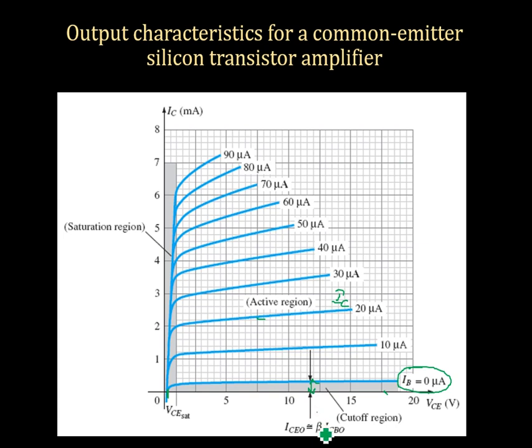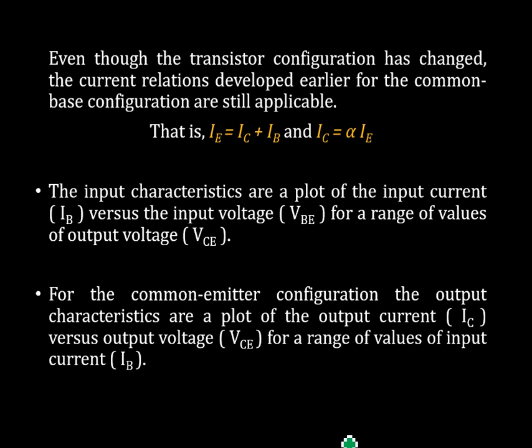This ICEO is defined by this relation. You will see beta in detail later on. ICEO will be beta times ICBO, where beta is the current gain in common emitter configuration. So here again the transistor current relation holds, that is IE is equal to IC plus IB and IC is equal to alpha IE.